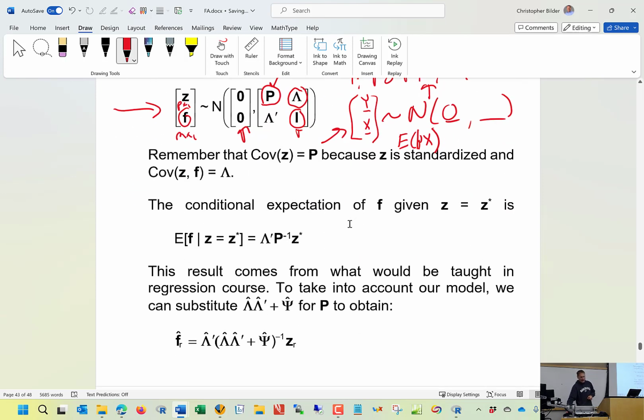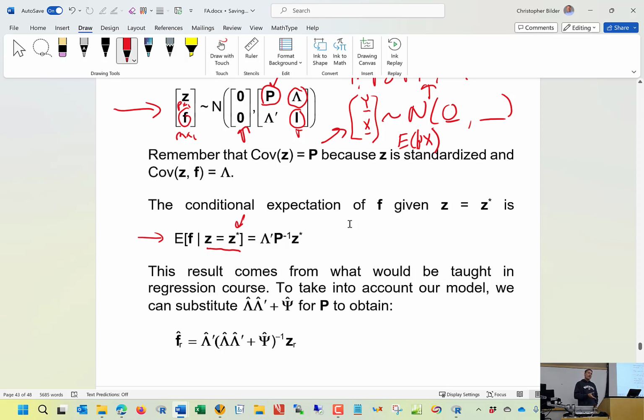Given that, you might be wondering, if I know what the Z is, and suppose just so that we can differentiate it, we call the known Z value Z star. This would be like the first observation, all the Z's, or the second observation, all the Z's. I'm just trying to be general here. Then you might say, if I know the Z's, what would I expect on average F to be?